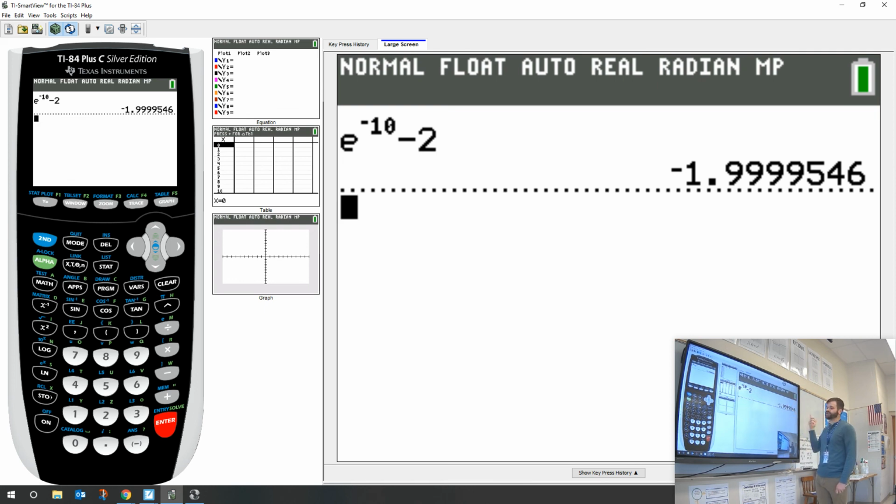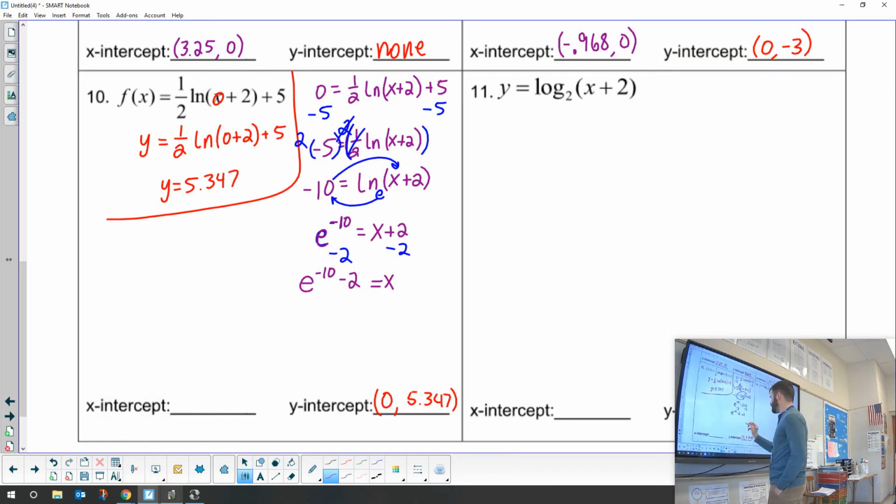So this is actually so close to negative 2 that we're just going to round it up to negative 2. And we're going to get x equals negative 2. So my x-intercept is going to be at negative 2, 0.